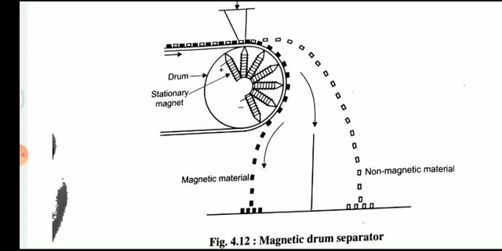Okay, and in the drum a number of magnets are connected in series in a circular form. So in the construction we see that a number of magnets are connected.